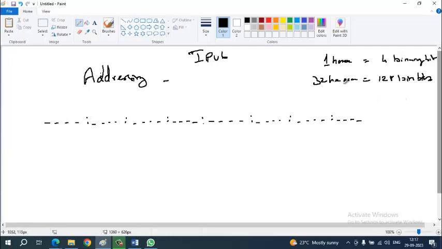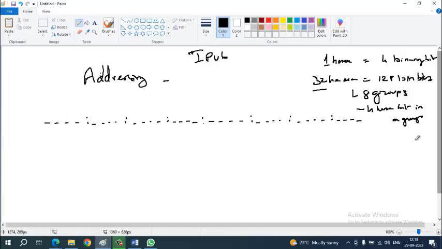And this 32 hexabit is divided into 8 groups. So if I divide 32 by 8, then I'll get 4. 4 hexabits in a group.